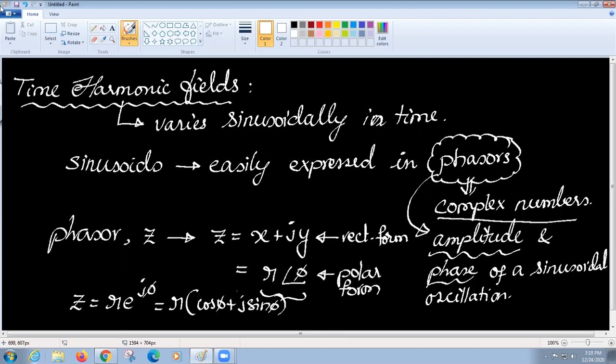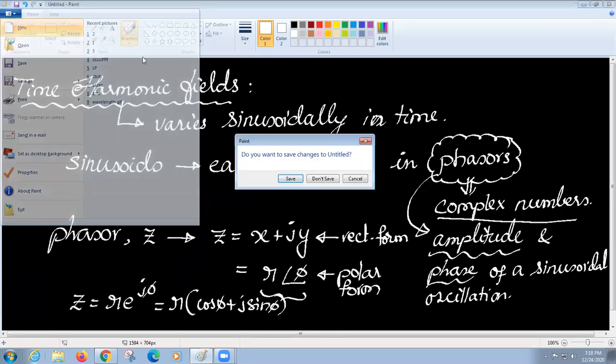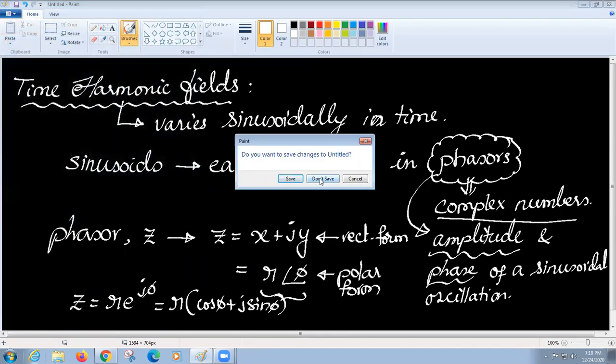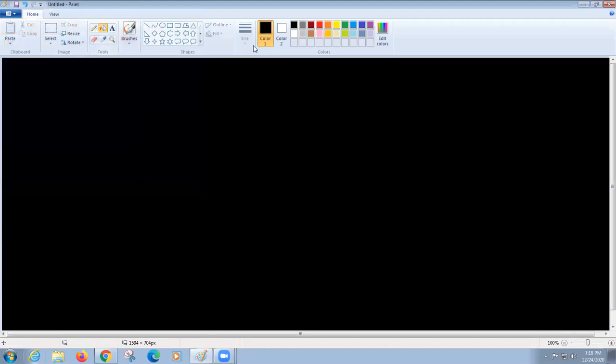Now we know j is square root of -1. x is the real part of z and y is the imaginary part of z, and r is the magnitude of z. And phi is the phase of z.